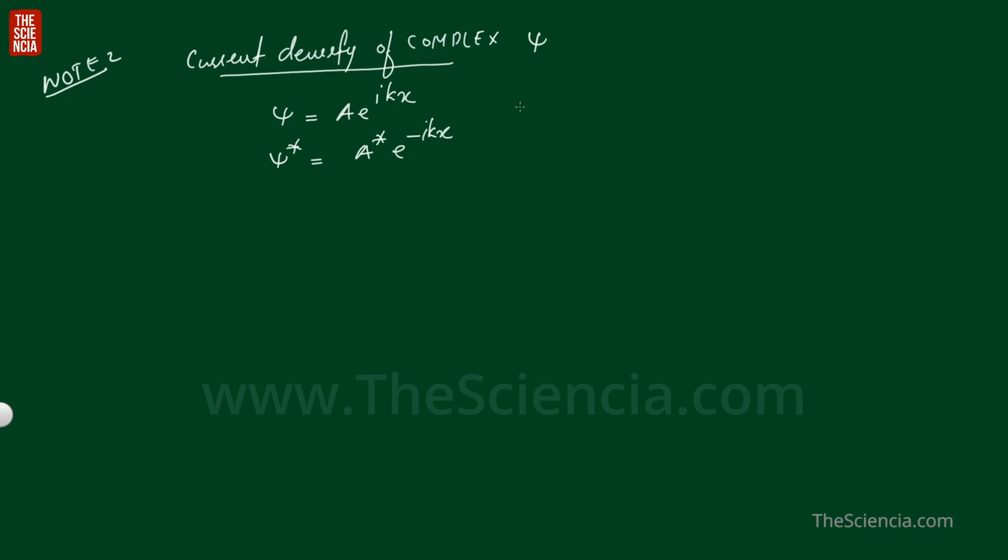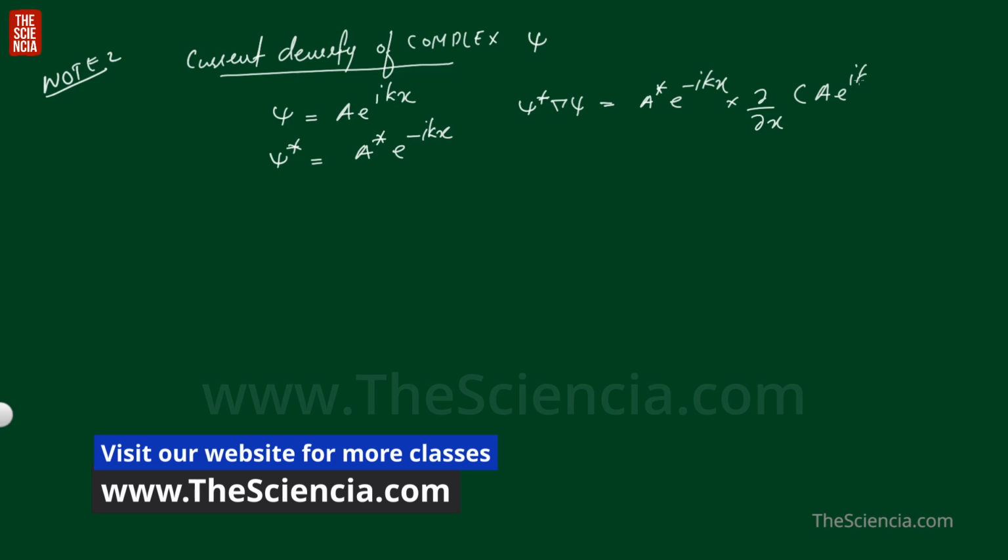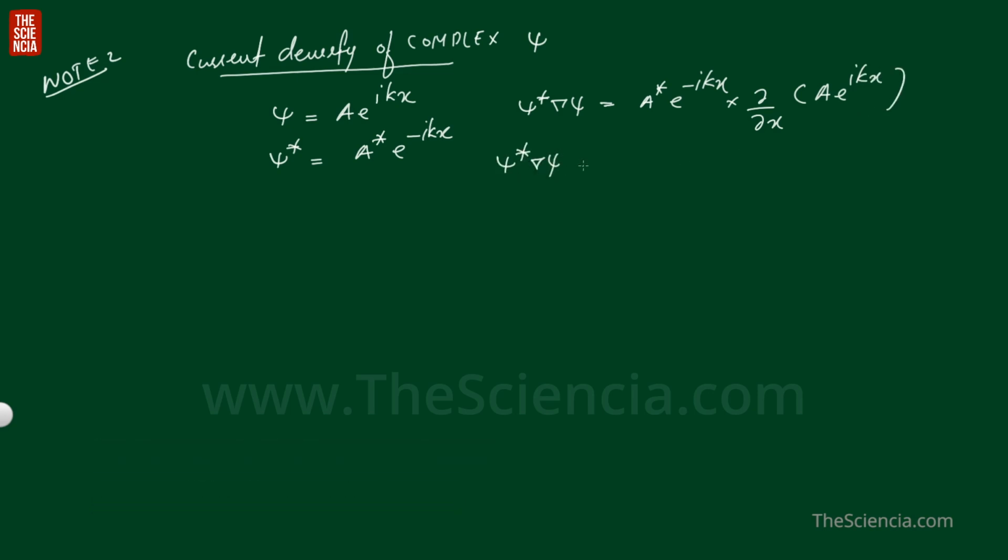Now we can find out psi star del psi, that is equal to psi star, a star e raised to minus ikx, into ∂/∂x of a e raised to ikx. So what we get? We get psi star del psi is equal to a star e raised to minus ikx into the derivative of this term, a into e raised to ikx into the derivative of ikx, that is ik.